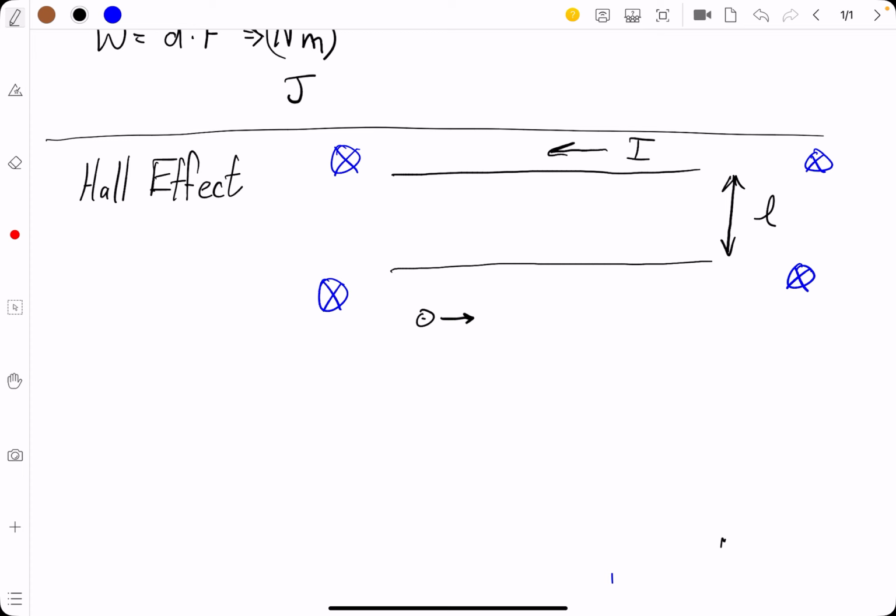So if the electrons are moving from right to left, and the holes are moving from left to right, we put our fingers along the current, we curl them to the B field, and our force is down.